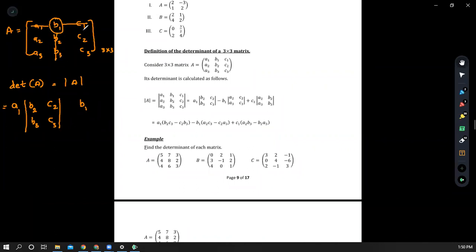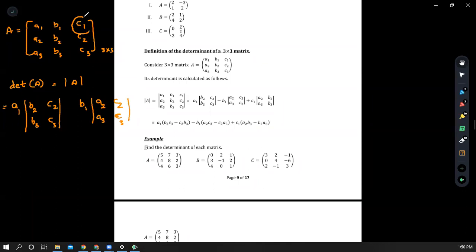The remaining values are a2, c2, a3 and c3, and we write them inside the determinant notation: a2, c2 with a3, c3. And we have finished with the first row, second column element.